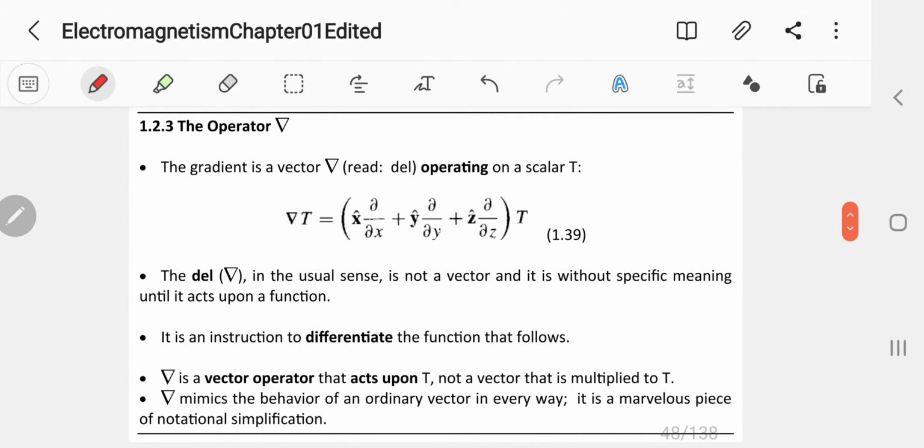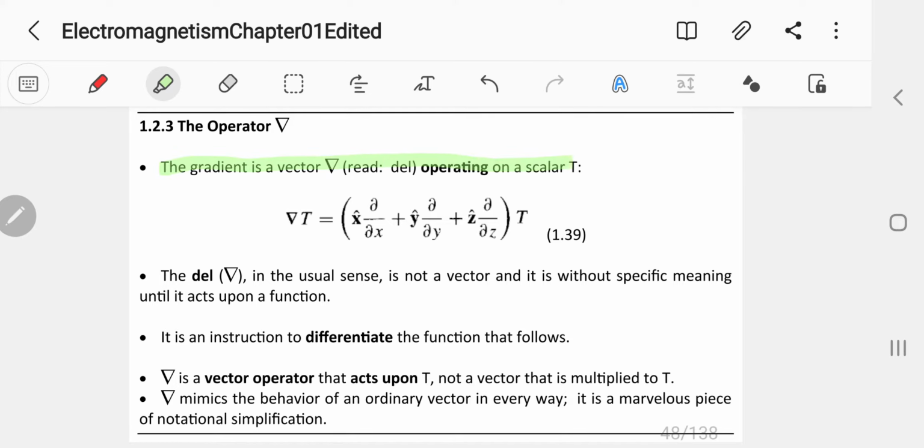So that's for that example. And then we explore more on the operator del. So the gradient of a function, for example, is a vector. And of course, the gradient is the vector del operating on a scalar t.